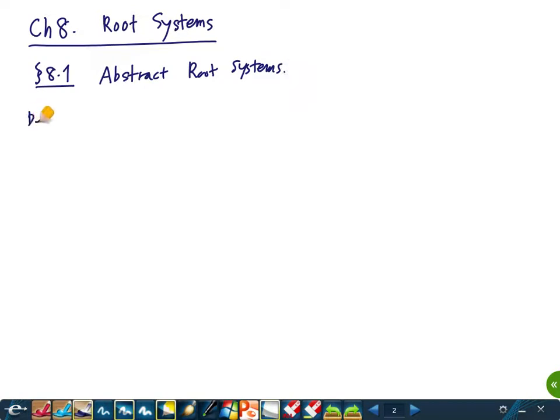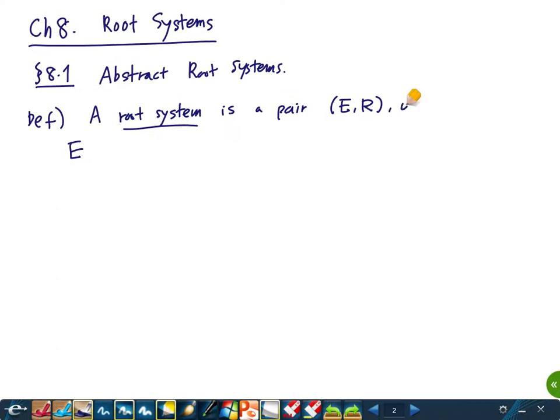So the definition. We've already seen this, but we need to state it again because now we know nothing about semi-simple Lie algebras. A root system is just a pair denoted E, R, where E is a finite dimensional real vector space, like R^n, with an inner product.